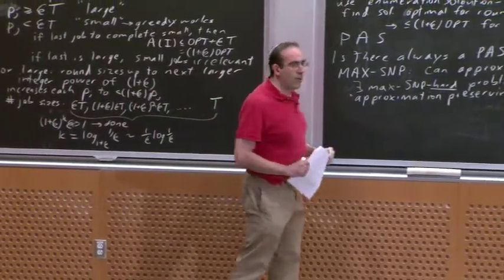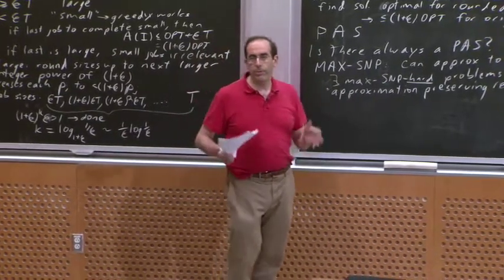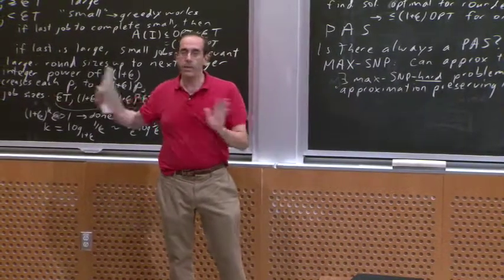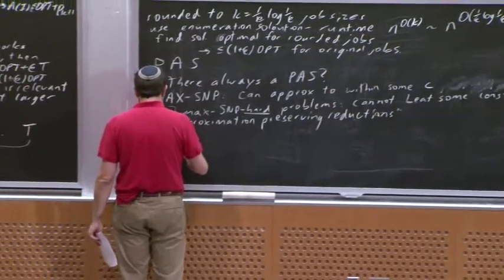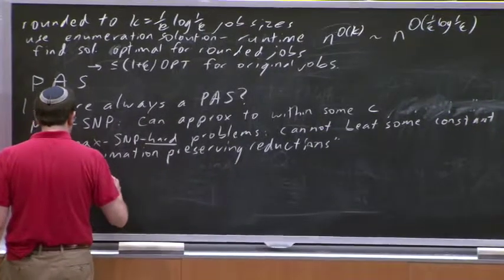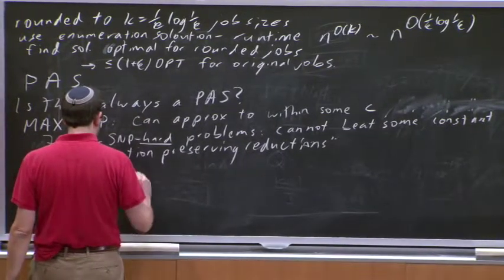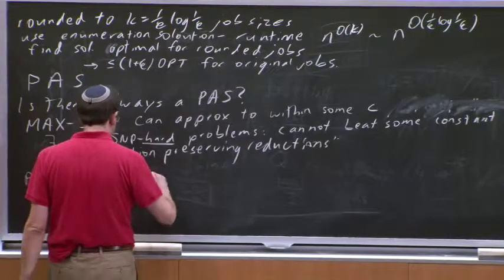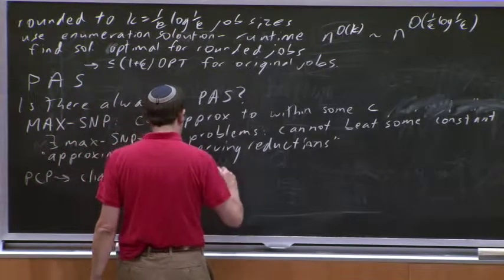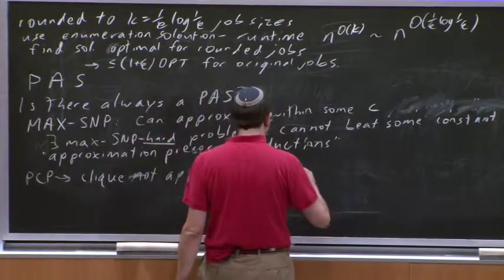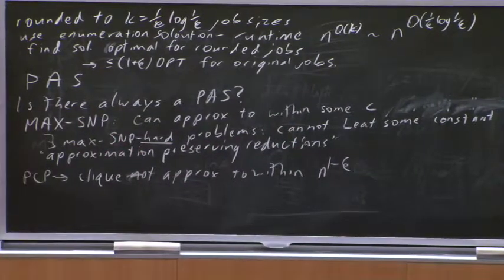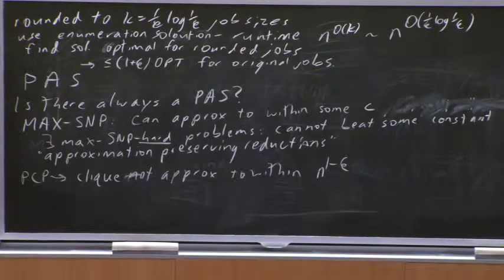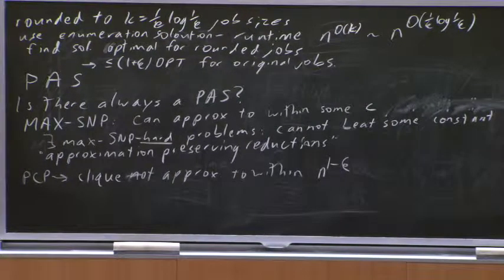They were able to show by developing what's called probabilistically checkable proofs, and this whole line of complexity theory that now has whole courses about it, that PCP can be used to show that clique cannot be approximated even to within an n to the 1 minus epsilon factor of the optimum. Okay? So even if there is a clique of size n, you can't find a clique of size n to the epsilon. So it's extremely hard to approximate.